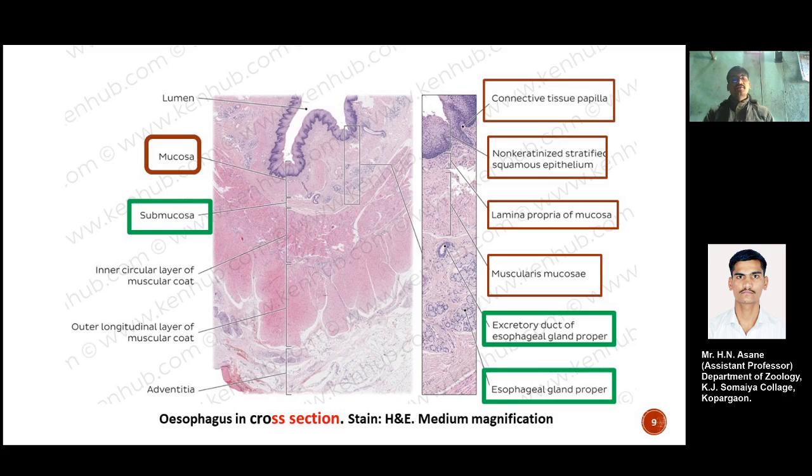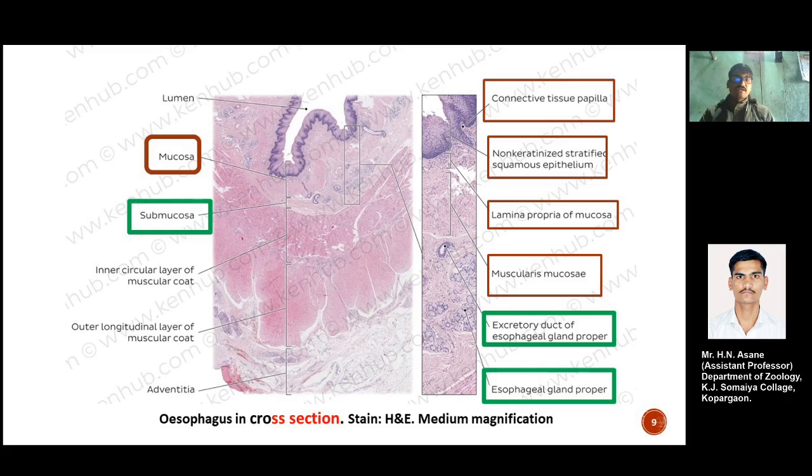As you see, this is the cross section of the esophagus, stained by hematoxylin and eosin stain. At medium magnification, you can see the layers of the esophagus.